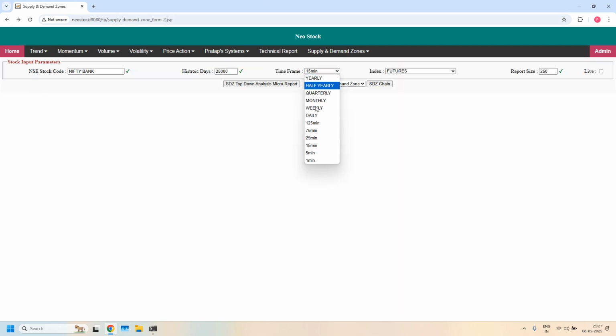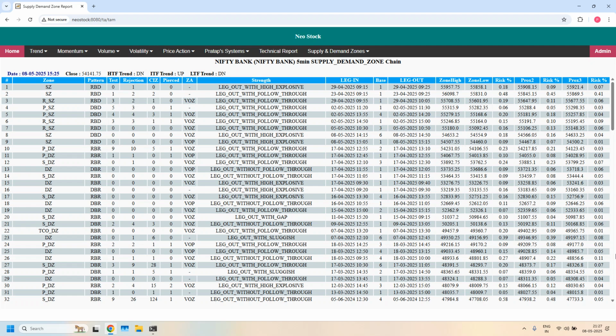Next, 5 minutes supply demand zone chain for Bank Nifty. So this is about a Bank Nifty supply demand zone chain. So we have completed both Nifty and Bank Nifty supply demand zone chain.